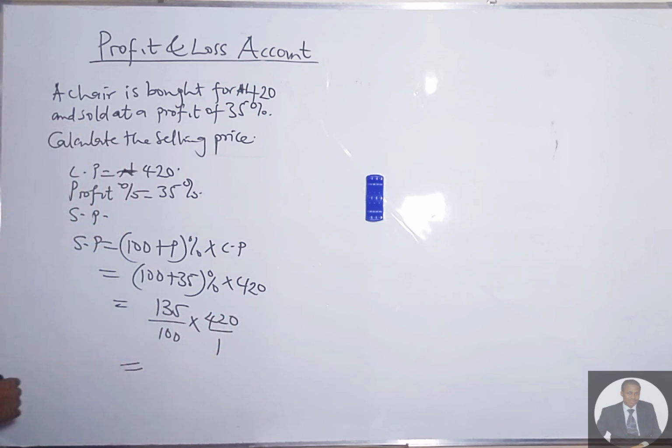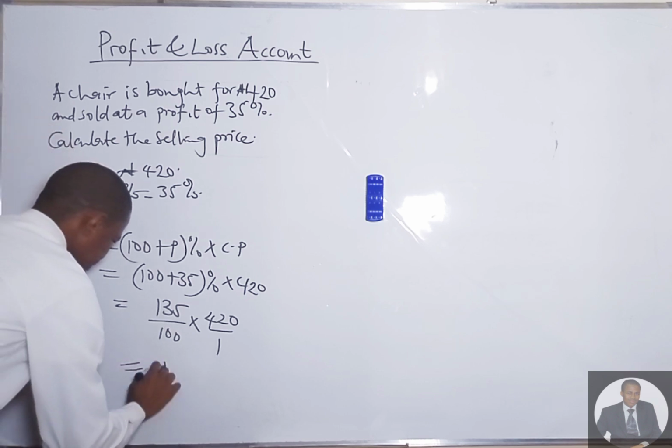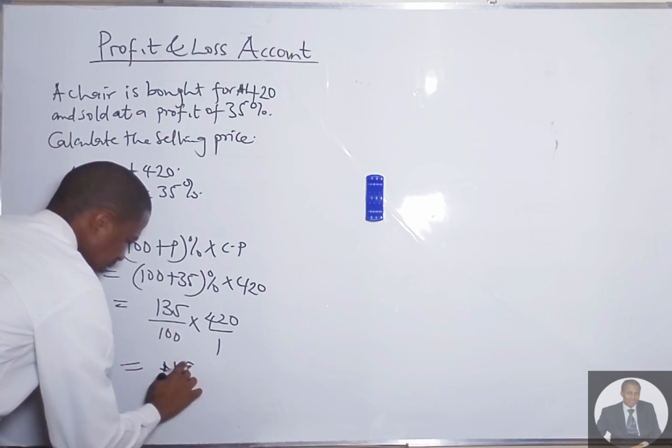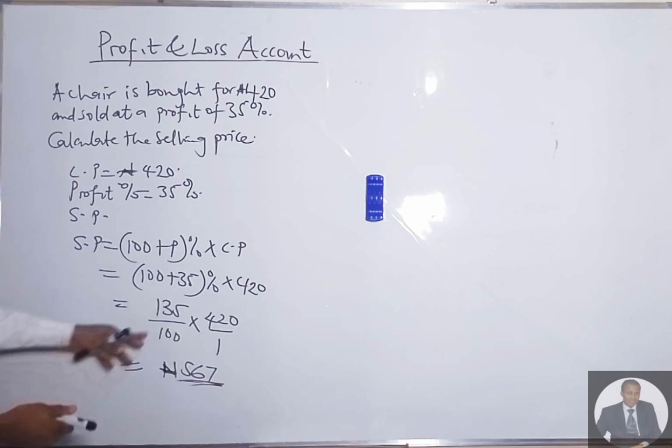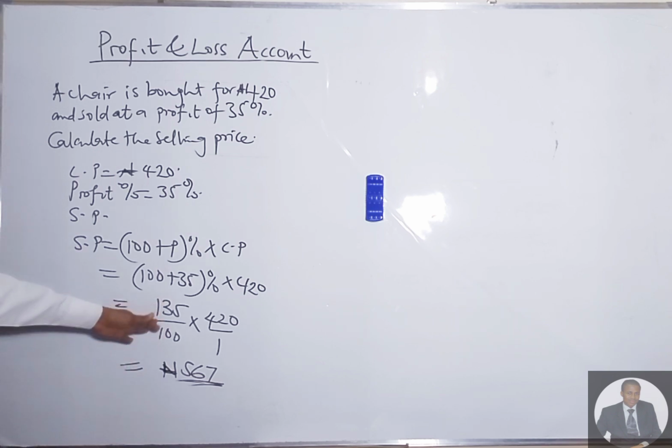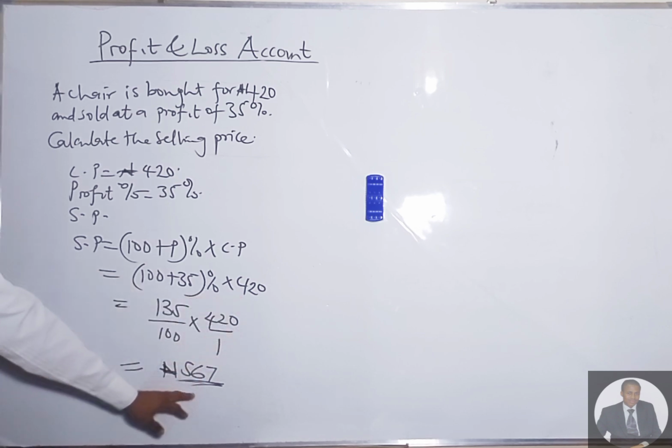So this will give us 567 naira. If we do this calculation, 135 over 100 times 420 will give us 567 naira.